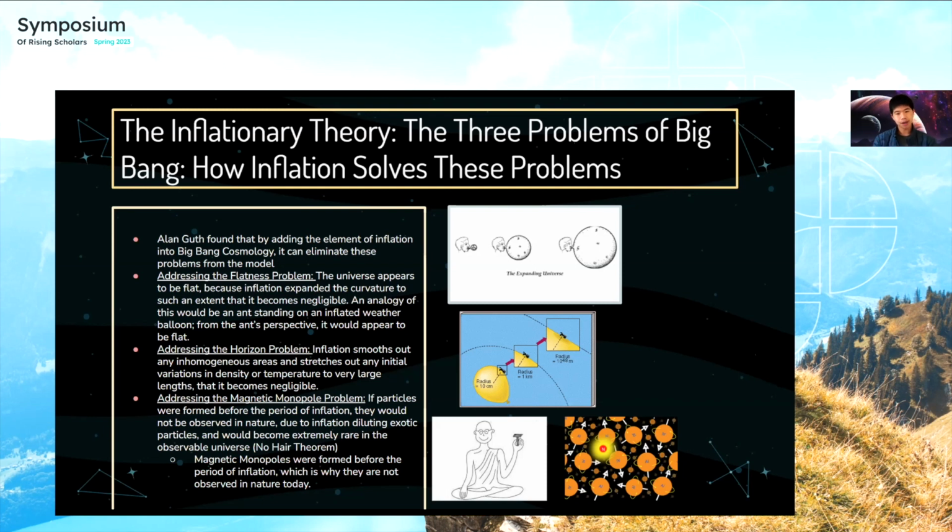Now, let's talk about how the inflationary theory kills three birds with one stone. In addressing the flatness problem, imagine if scientists were ants on a balloon. Now, if I had superhuman lungs and I could blow this balloon up to enormous dimensions, then from the ant's perspective, the curvature of the balloon would appear to be more and more flat, analogous to our perspective of the universe and how it appears to be flat, because inflation has dilated the curvature to such an extent that it becomes negligible.